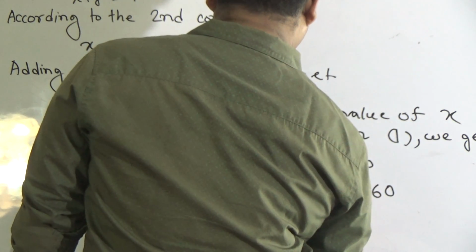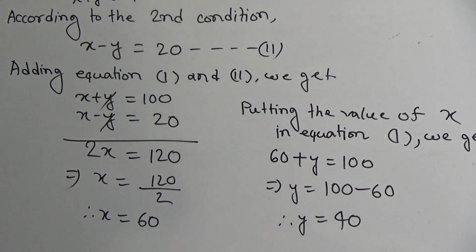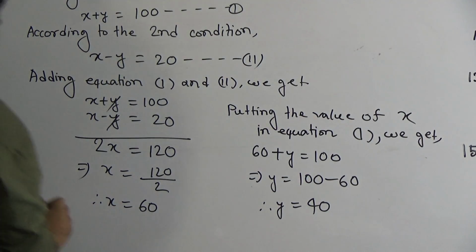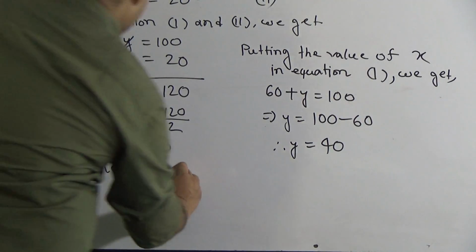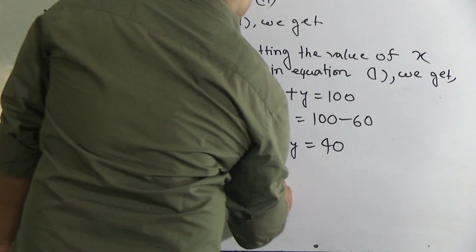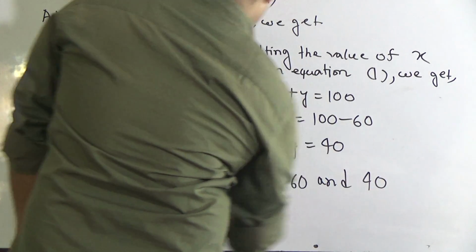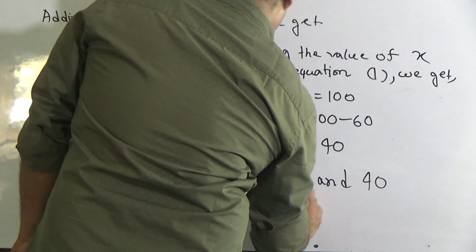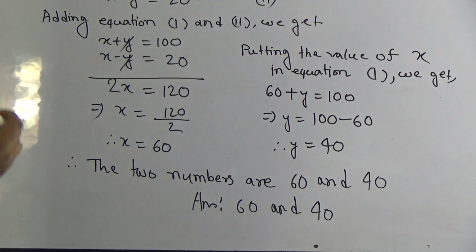Therefore y equal to 40. So my dear student, the two numbers are found. Now we write the two numbers are 60 and 40. Answer: 60 and 40. I hope you have understood question number 10.